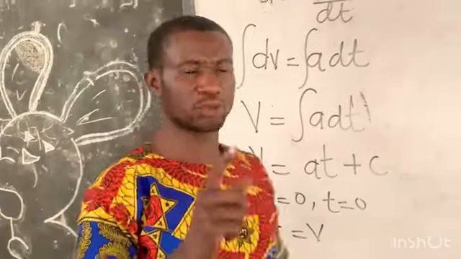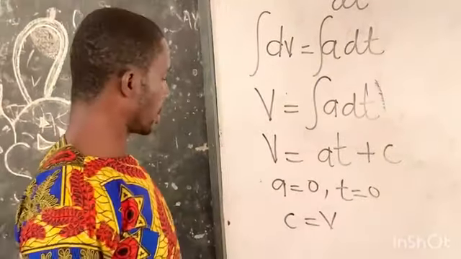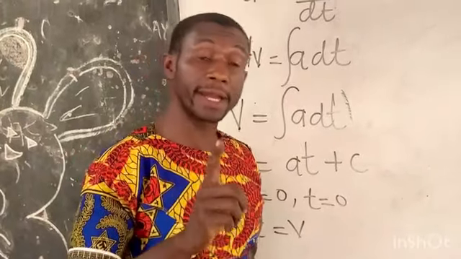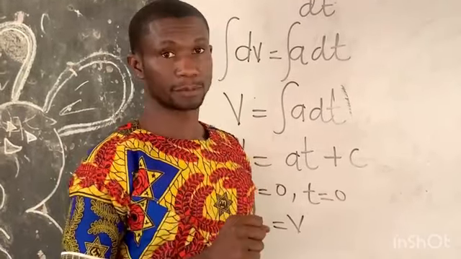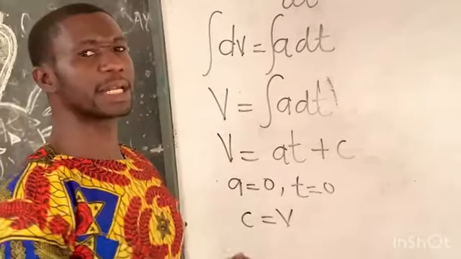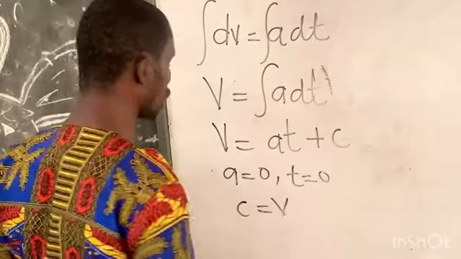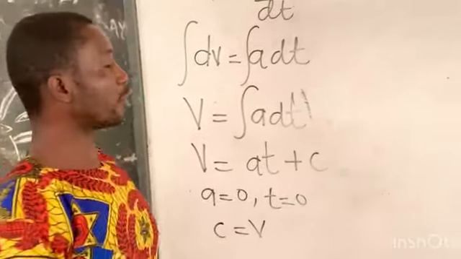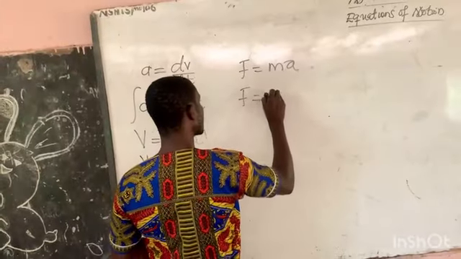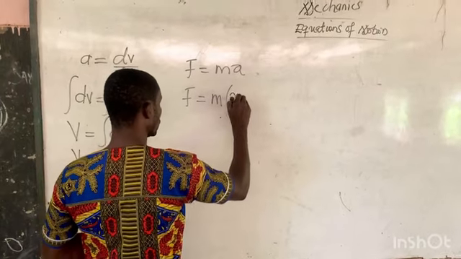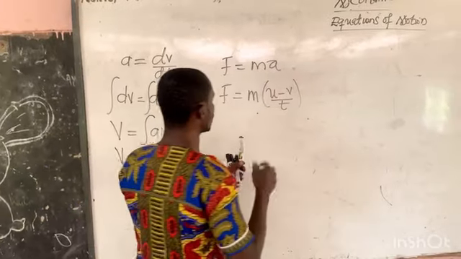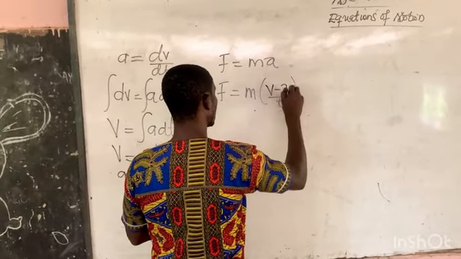But one significant thing that a student of mathematics must know is the circumstance in which the final velocity equals the initial velocity. It is when acceleration is 0. And also, when the net force acting on an object is 0, then the final velocity will be equal to the initial velocity. For example, F is equal to mass times acceleration, which is the change in velocity, final velocity minus initial velocity, v minus u over t.